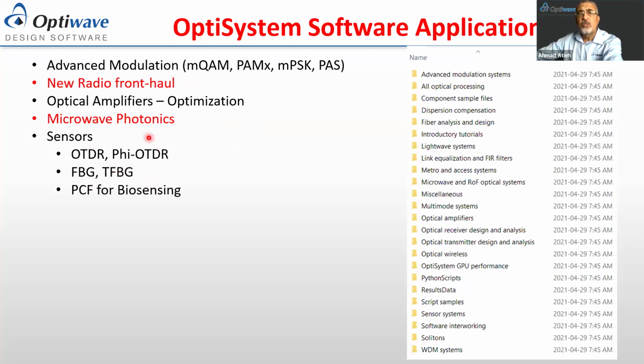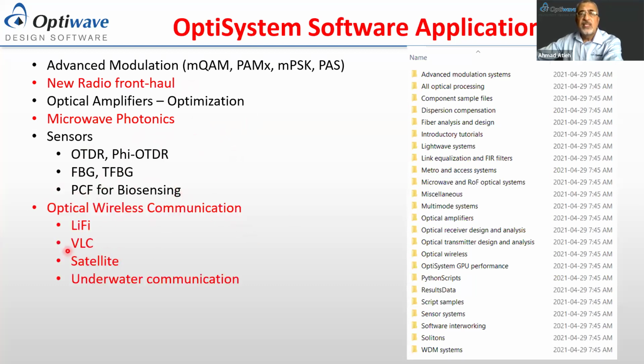There are examples on microwave photonics, on sensors, different types of sensors from OTDRs, Phi-OTDR, FBGs, the tilted fiber Bragg gratings. We have photonic crystal fiber examples for biosensing and so on. In terms of wireless communication, there are examples on Li-Fi, visible light communication, satellite, underwater communication.